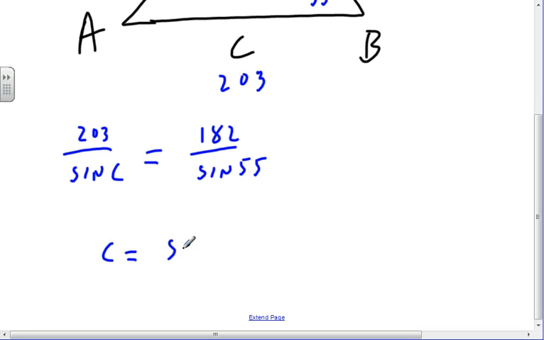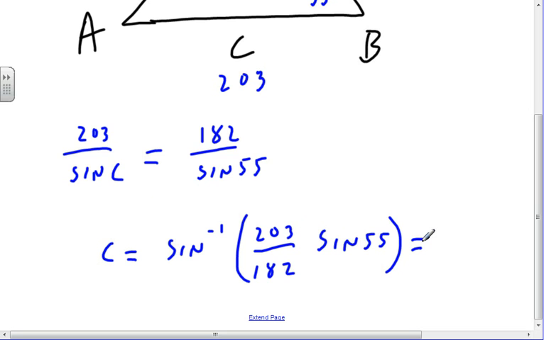C is equal to the arc sine of, cross multiply, 203 divided by 182 times the sine of 55, and I get 66 degrees.